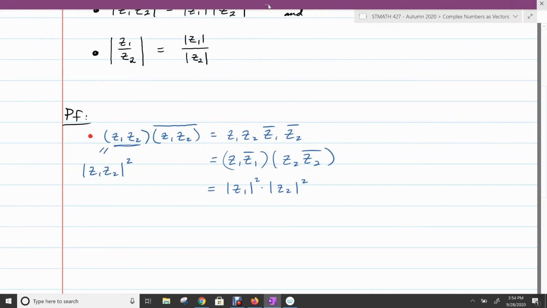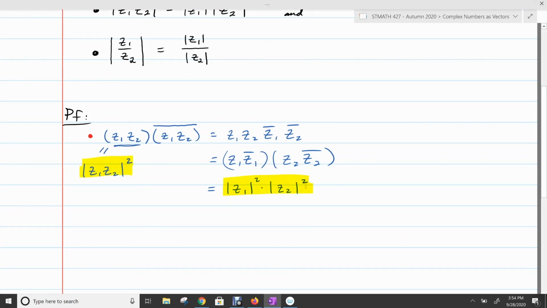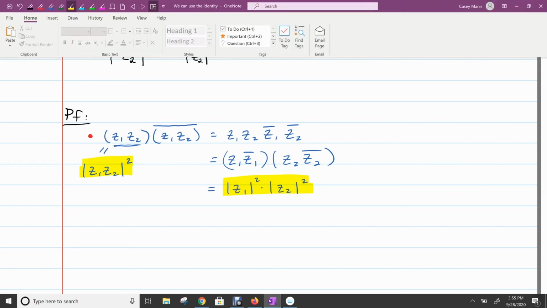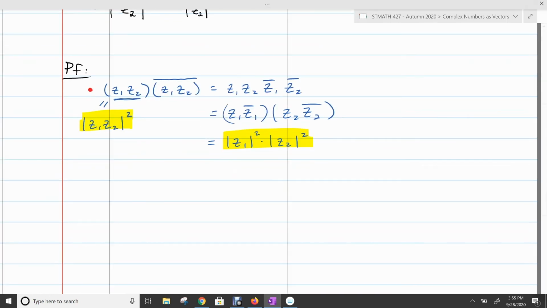So this thing is equal to this thing over here. And everything in sight is positive because we're talking about moduli, which are non-negative, and then you're squaring them. So I can take the square root of both sides and not worry about plus and minuses. And I get modulus of z1 z2 equals modulus z1 times modulus z2.